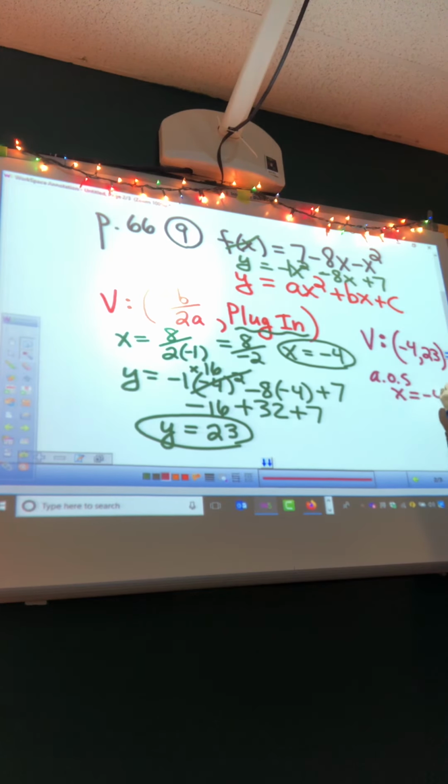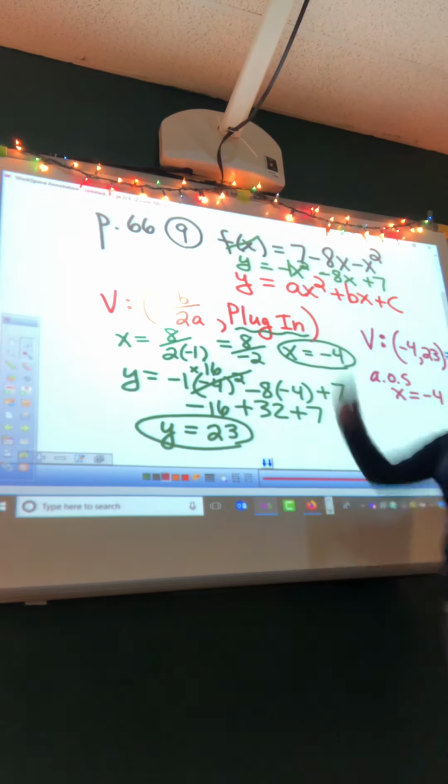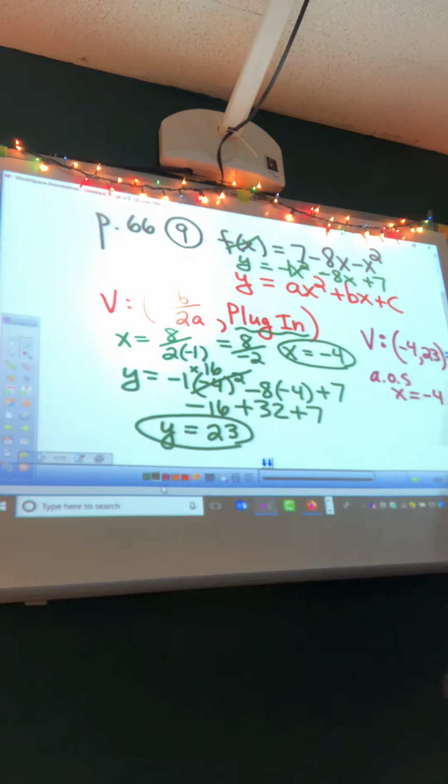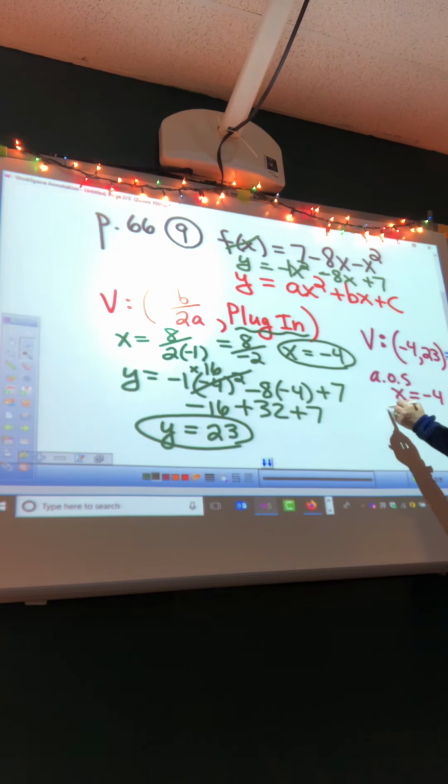so x equals negative 4, and then it did ask us to graph, right? Is it going to open up or down from that negative 4, 23? Why down? Because it's negative x squared. So, you can change your graph of your little numbers because 23 is big, but we have negative 4. 1, 2, 3, 4.